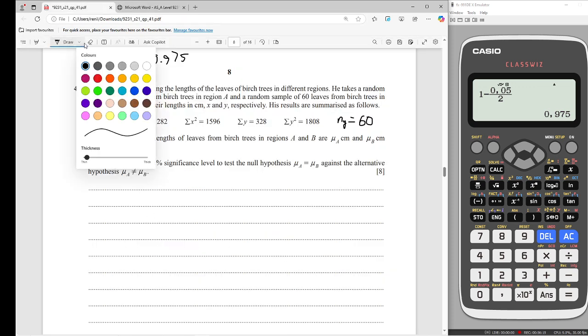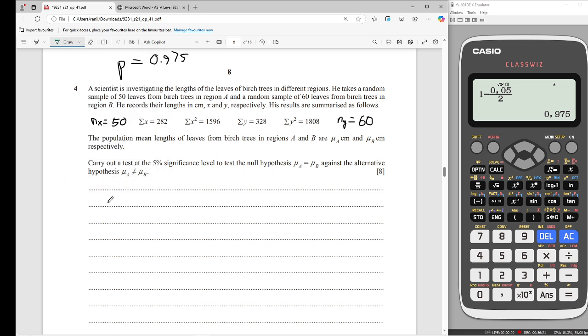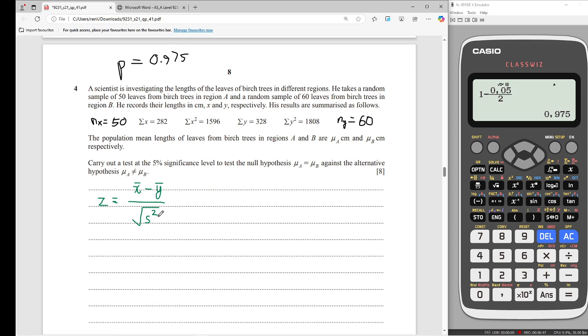Okay, so first let's give the formula. Z is equal to the x mean minus the sample mean of y, whole divided by root of S2. Note that sometimes I have S2 divided by the number of terms, and sometimes I have root of S2 like shown over here.